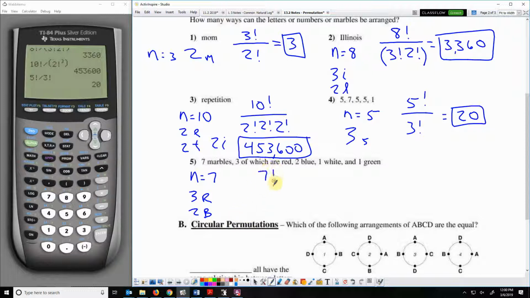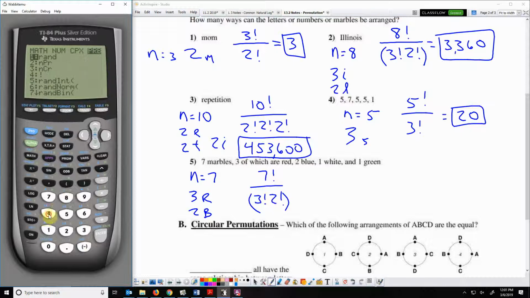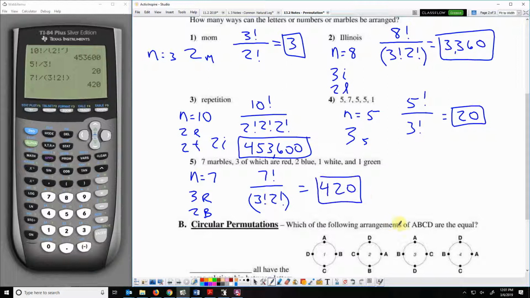So I've got 7 factorial over 3 factorial times 2 factorial, and I'll put that in parentheses. And there are 420 ways to arrange those marbles.